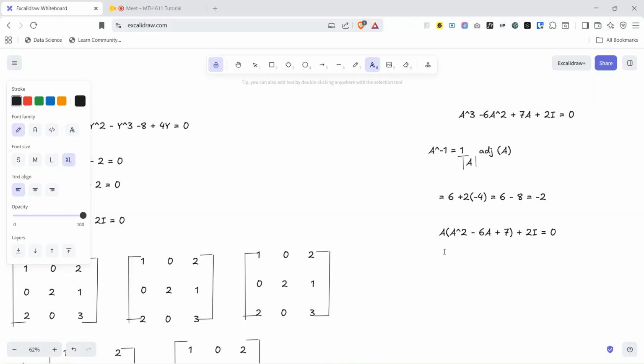So this would be A into A square minus 6A plus 7 equals to, taking this to the other side, equals to minus 2i, right?